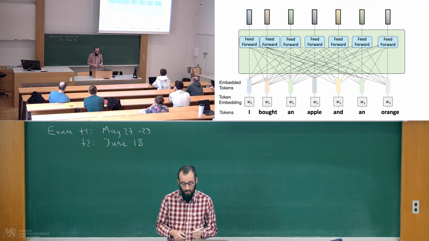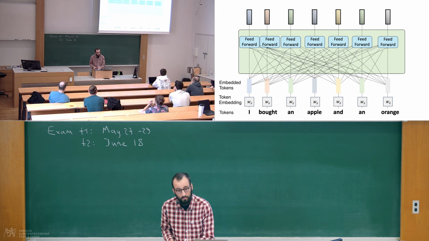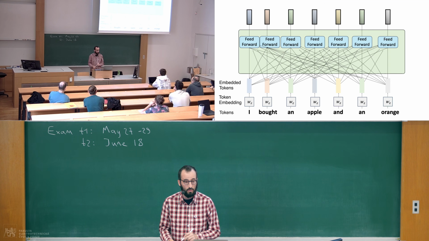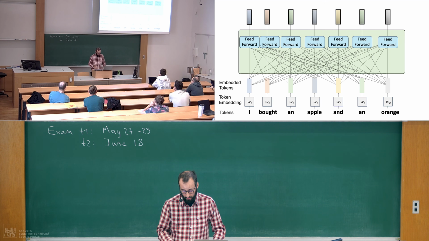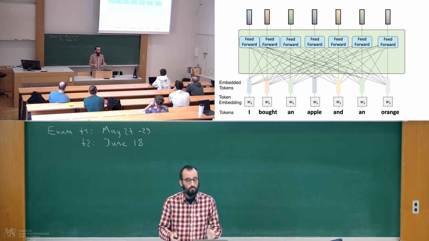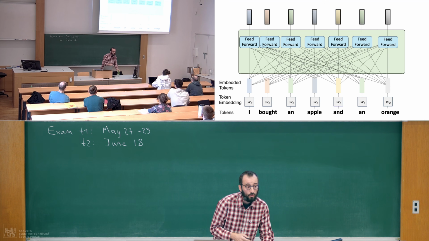Just to be sure there's no confusion, this is exactly the same component, replicated in each of the tokens. It's exactly the same function. Now, do you see the problem with what is drawn here? Any answers? A lot of edges, yeah.